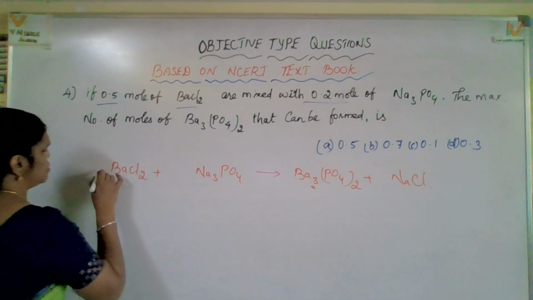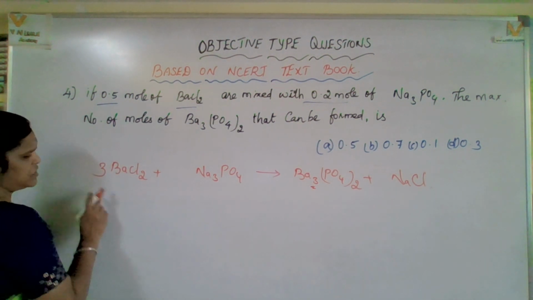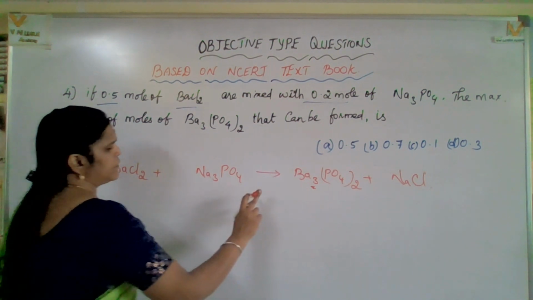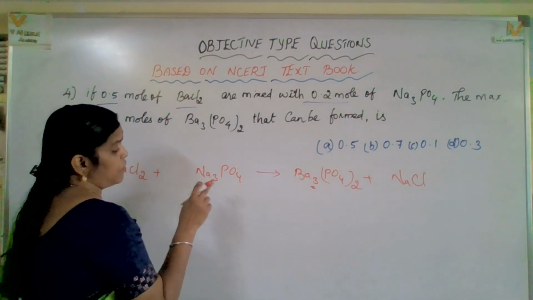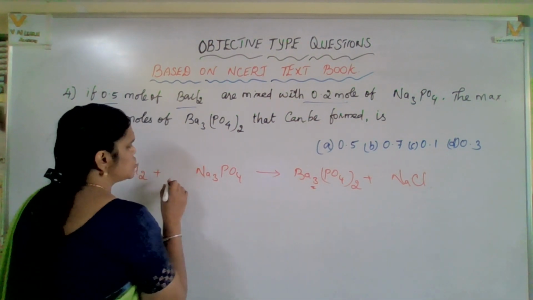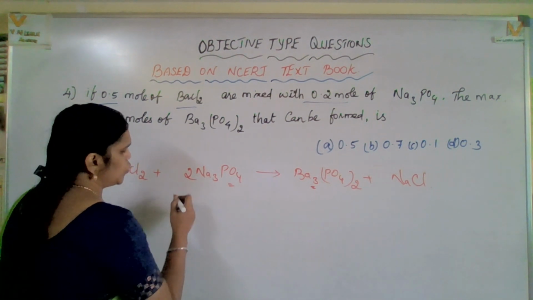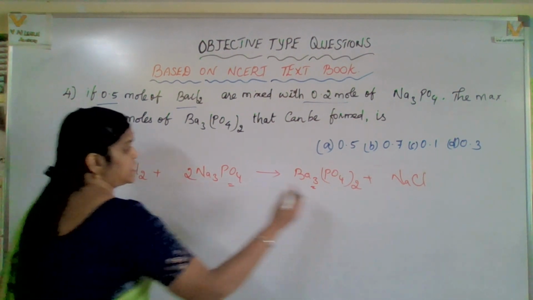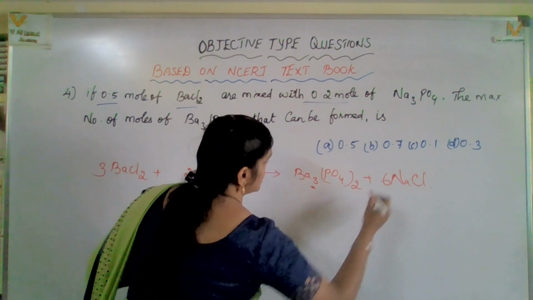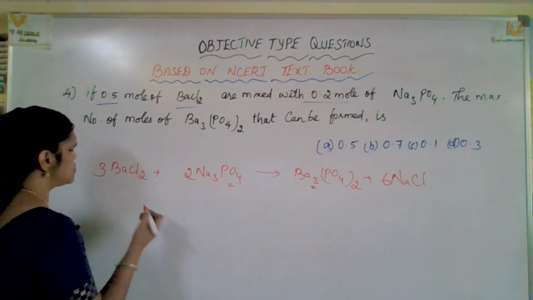Here 3 they mentioned, no, so let us put 3. So 3 BaCl2, that means 3 moles of BaCl2 combined to Na3PO4, that is sodium phosphate. You will get barium phosphate. Here the 2 is there, no? So let us put it here 2 because phosphate is there, no? So 2 Na3, that means here you will get what it is, 6 NaCl. So let us check whether it is balanced or not.